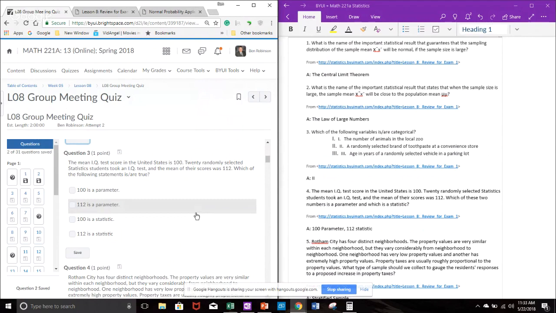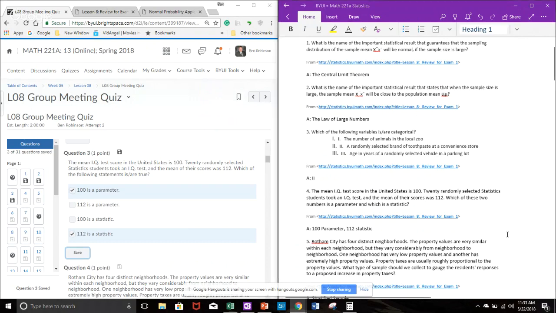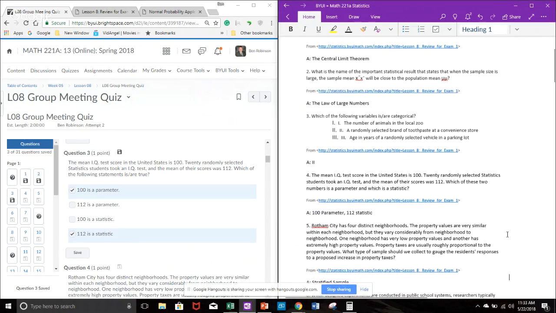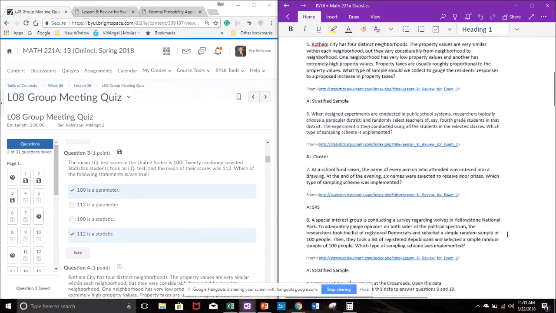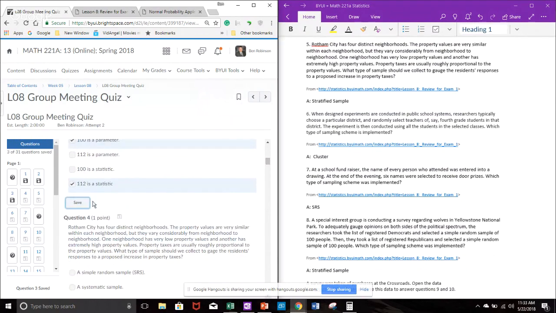Which of the following statements is or are true? 100 is a parameter and 112 is a statistic, because a statistic describes a sample and a parameter describes an entire population, right? Right. Okay.